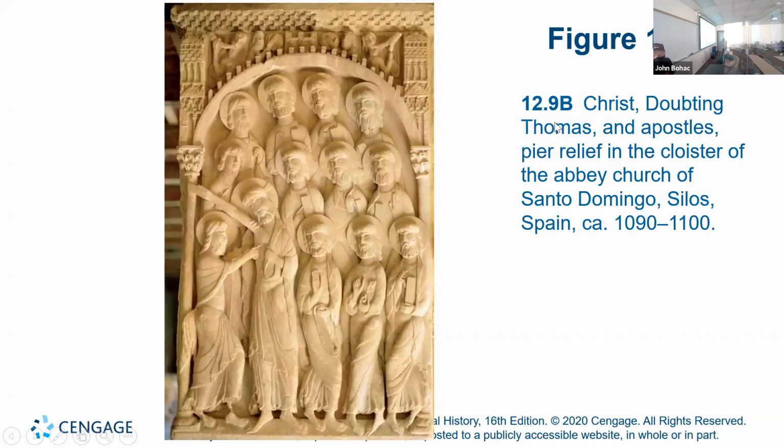And so this is really kind of an interesting relief. And this is how the ornamentation starts to come back into the cathedrals by the 12th century. And what we get are these relief sculptures.